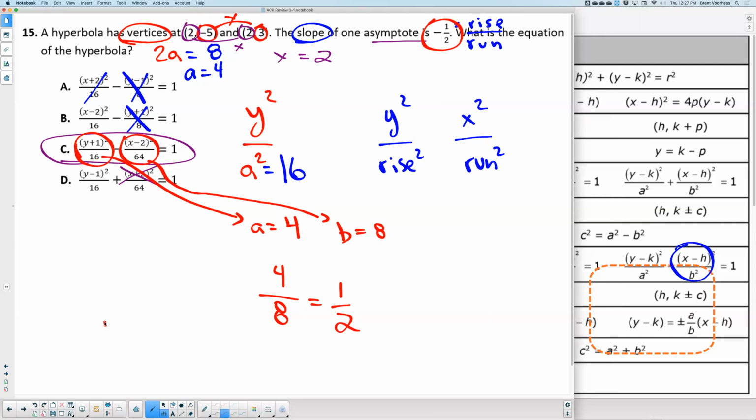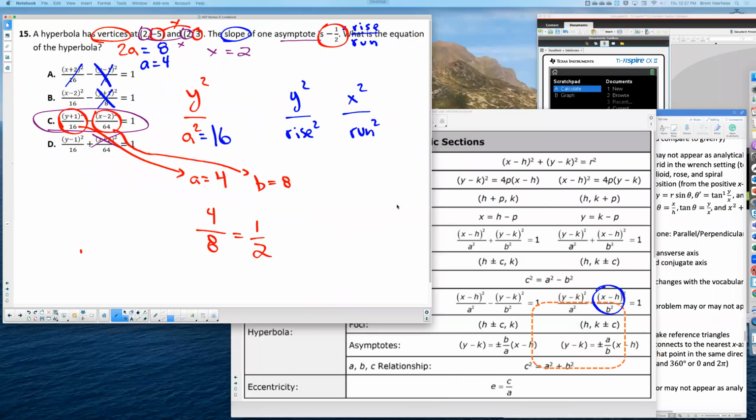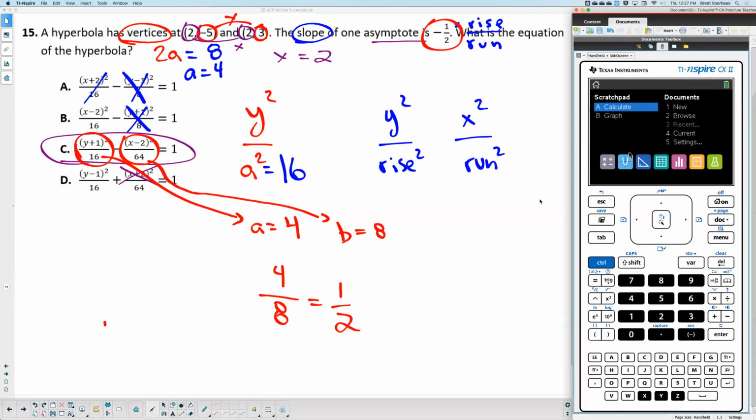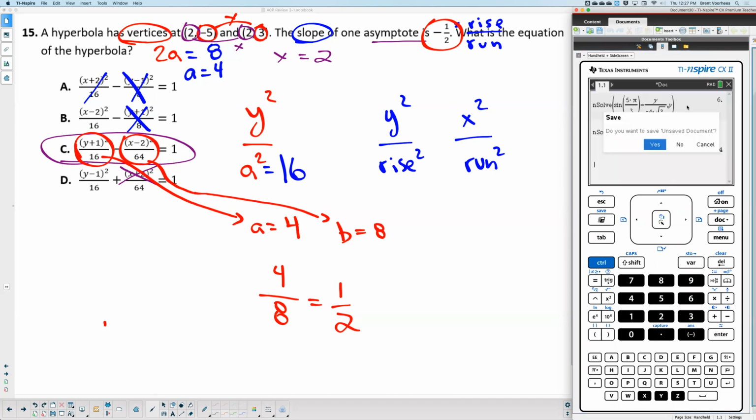The second way here would actually be to use the calculator. It would take longer, but when you look at the equations, what variables do you see? Only x and y. Where do you graph anything that has only x's and y's? Relation. You could go to relation and graph it as a relation.